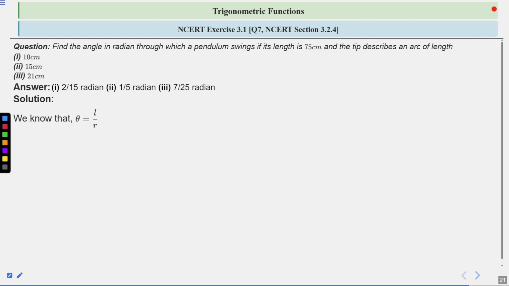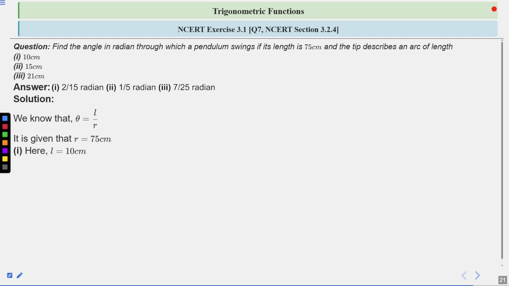We know that theta is equal to L by R. It is given that the radius R is equal to 75 centimeter. For part 1, the length L is equal to 10 centimeter.